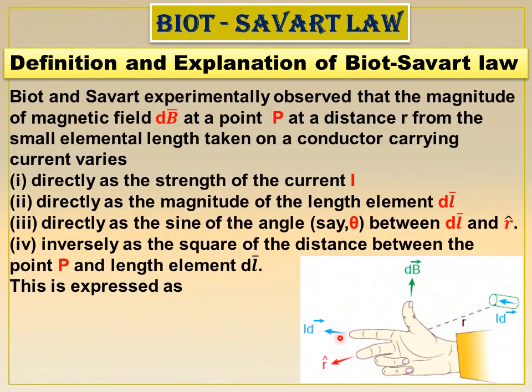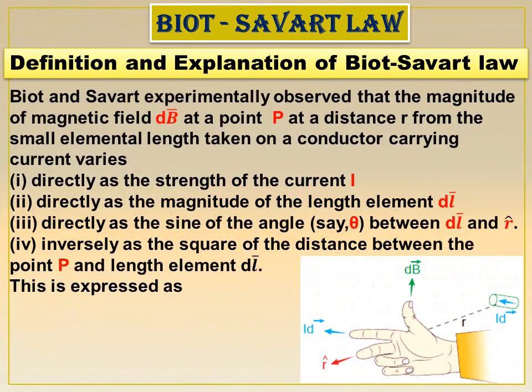It is also directly proportional to the sine of the angle theta between dl and r. Here you can see the angle produced. Then it is inversely proportional to the square of the distance between the point P and the length element dl.